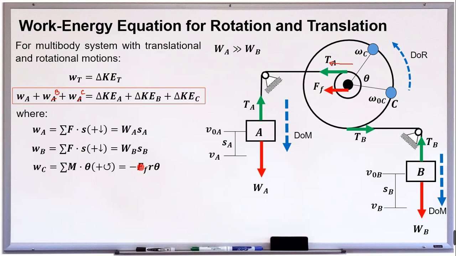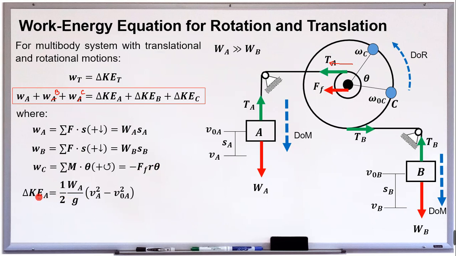And since this frictional force will produce an opposite moment, we will use the negative sign. So we have negative FF times the radius of this frictional force, or the moment arm of this frictional force with respect to the center of rotation, times the angular displacement of our cylinder C.